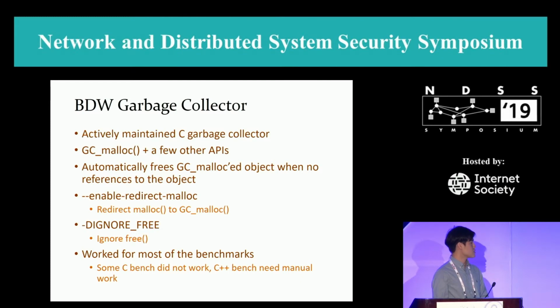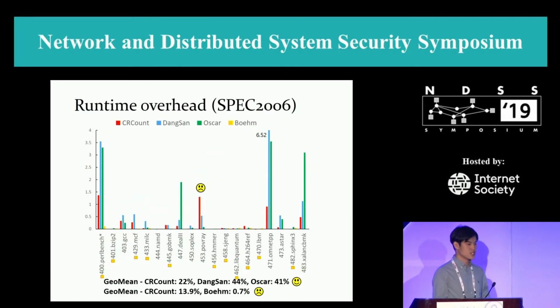So we used that option to test the garbage collector, and it worked for most of the benchmarks, but some of the C benchmarks did not work using that option. And for the C++ benchmarks, they didn't work. We need some manual work. So the runtime overhead, just summarizing our solution CRCount, shows 22% on SPEC, which is about half of the other Dangling and Oscar.